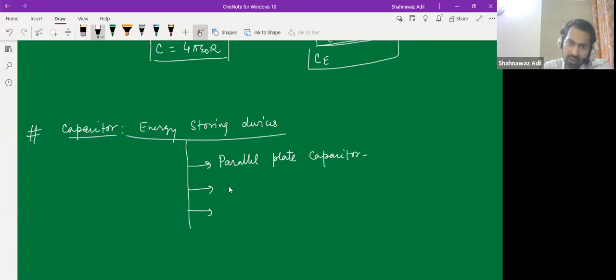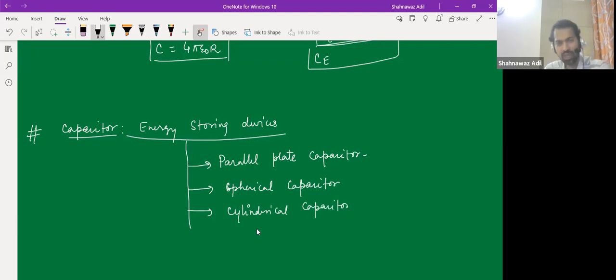Then we learned about the spherical capacitor, and then we have the cylindrical capacitor. In the CBSE course, you didn't do these ones, but we'll do this here.